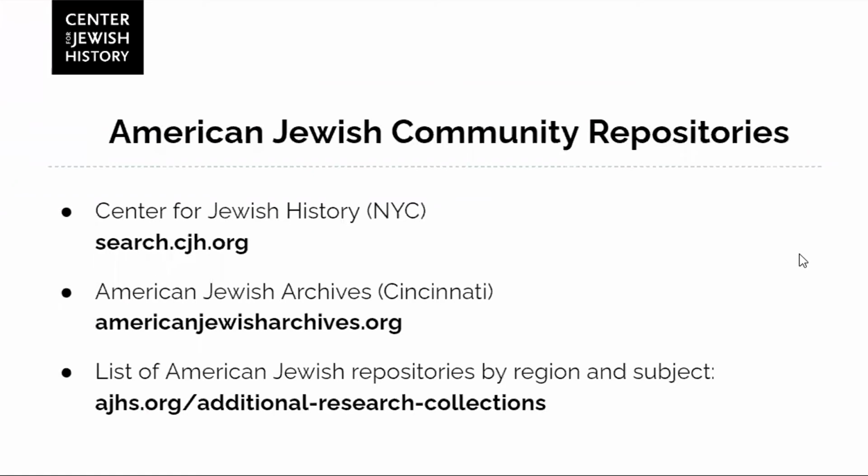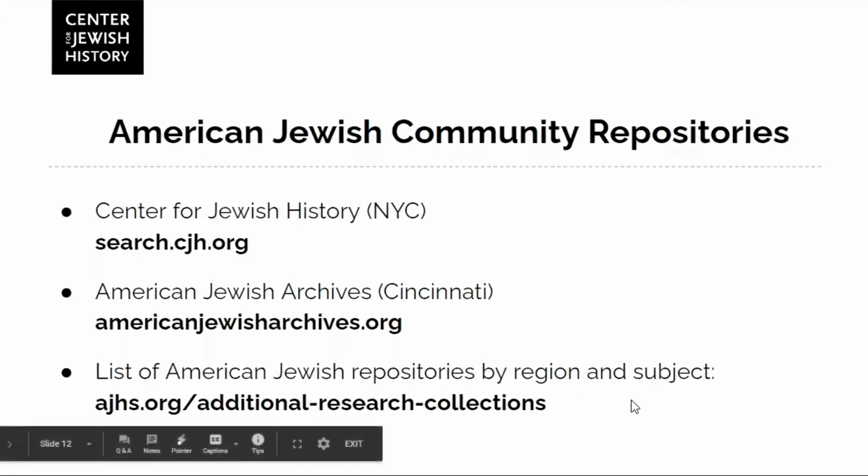It holds various types of resources on the history of Jewish communities throughout the US, not just in New York City. A similar repository is the American Jewish Archives in Cincinnati. And for a list of American Jewish repositories by region or by subject, you can go to this website here, which has been compiled by the American Jewish Historical Society.